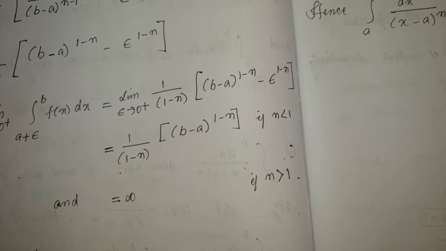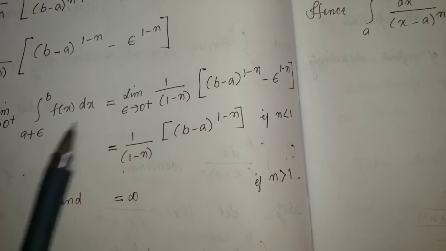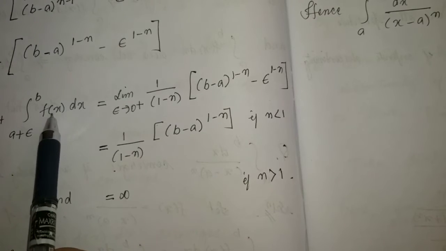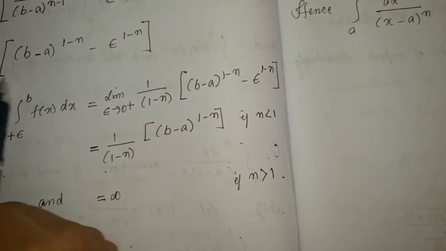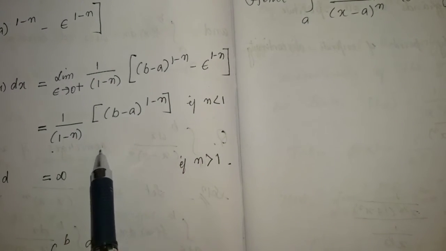Therefore, for testing that improper integral, we have to find out the limit, as epsilon tends to 0, of this integral from a plus epsilon to b of f of x dx. You're going to have this limit here.